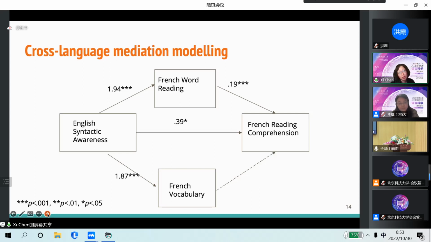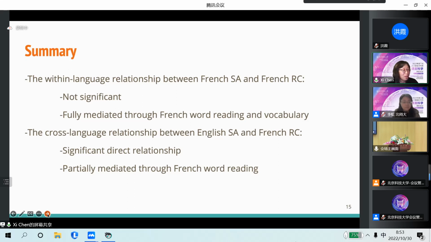And in the next model, we found cross-language transfer. So we showed that English syntactic awareness directly contributed to French reading comprehension. So we found a direct effect and also indirect effects mediated through French word reading and French vocabulary. So those are the main findings. Let me summarize the findings quickly.